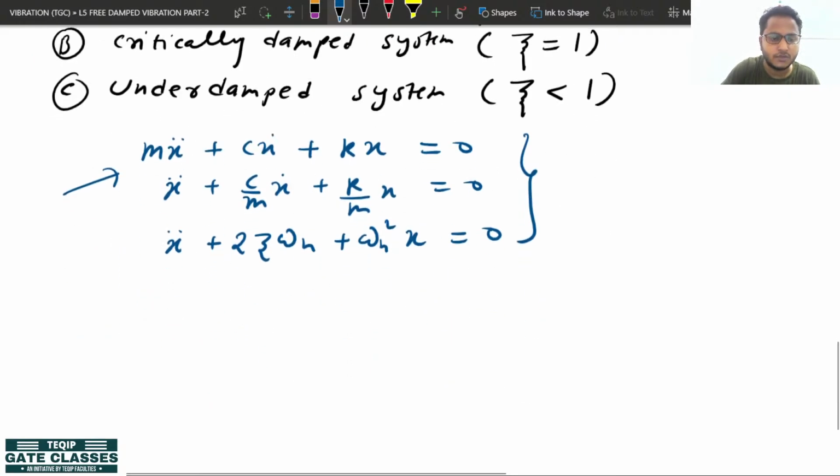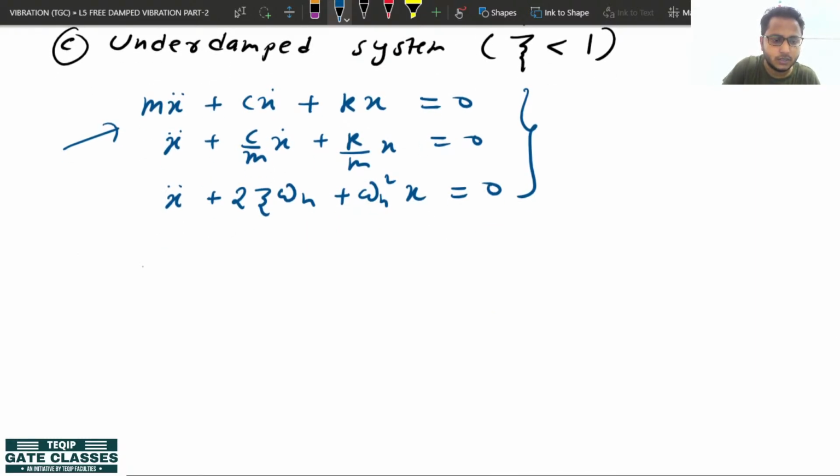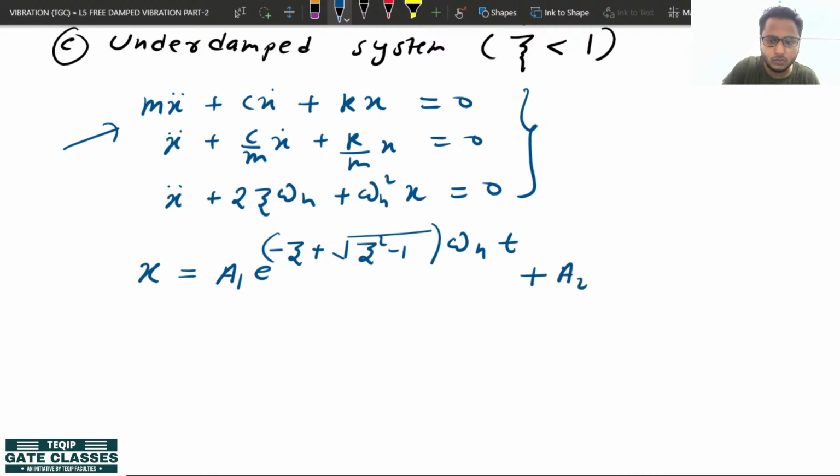And what was the solution of this equation, meaning the value of x? We found x equals a1 exponential to the power minus zeta plus root of zeta square minus 1, bracket close, multiplied by omega n into t, plus a2 exponential minus zeta minus root of zeta square minus 1, bracket close, omega n multiplied by t, right?